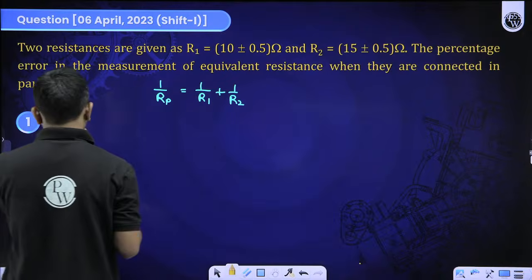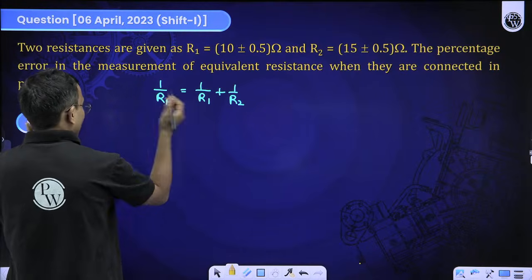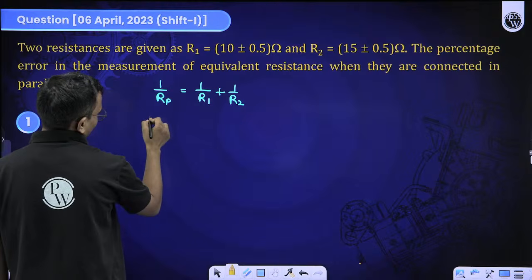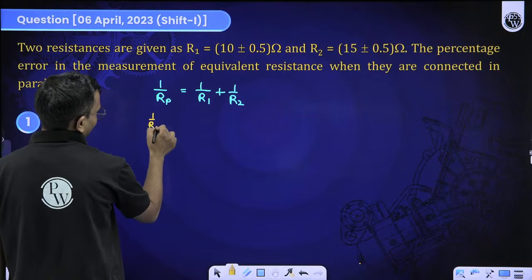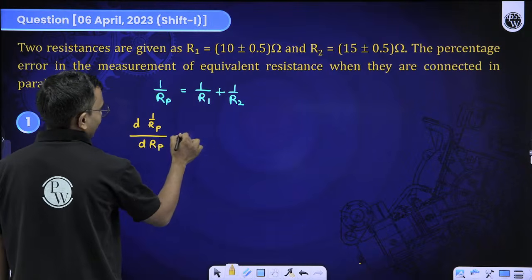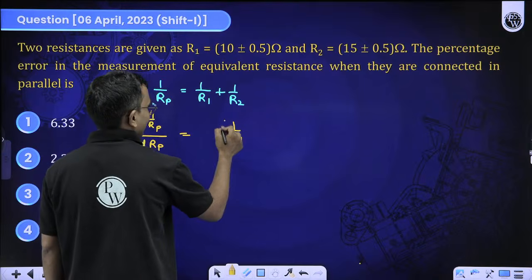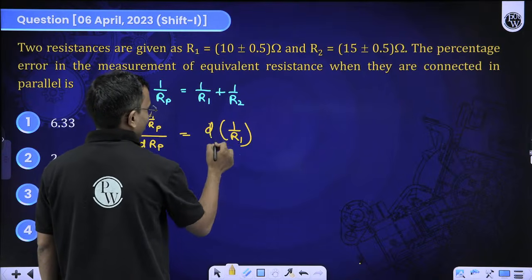Do differentiation. With respect to whom? You can differentiate with respect to R parallel itself. So 1 by R parallel, I am differentiating that with respect to R parallel. 1 by R1, I am differentiating that with respect to R parallel.